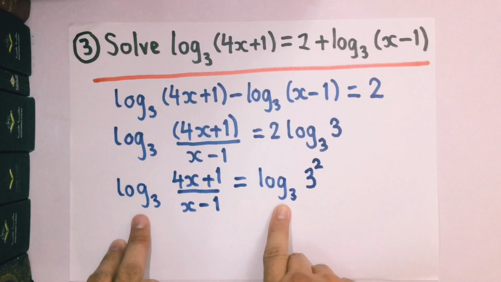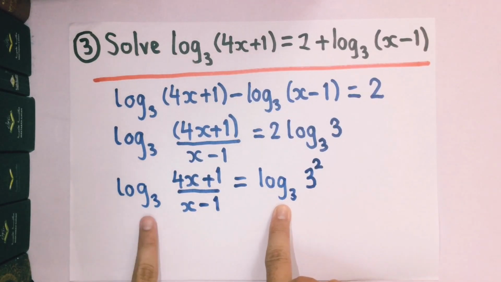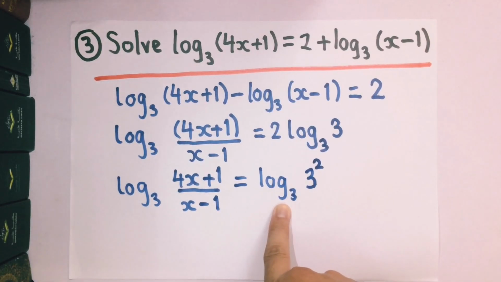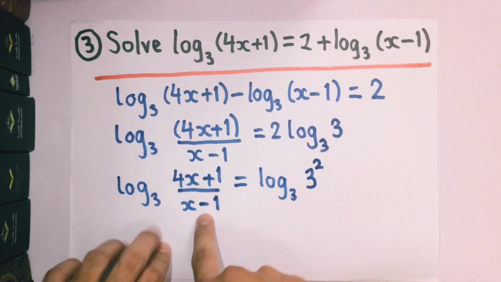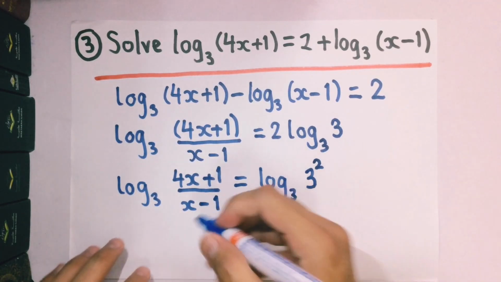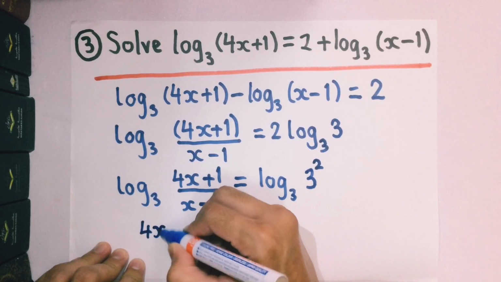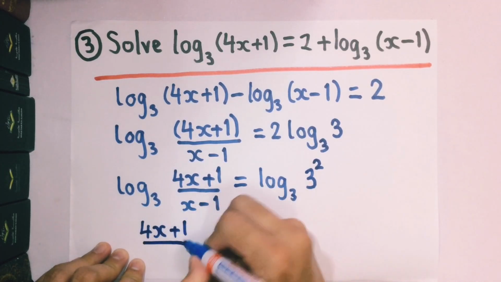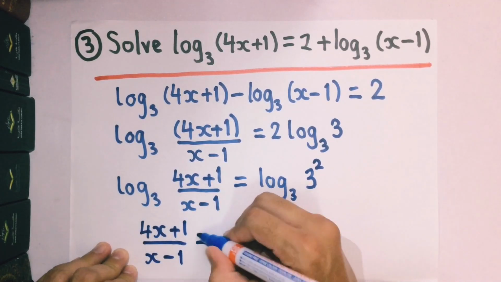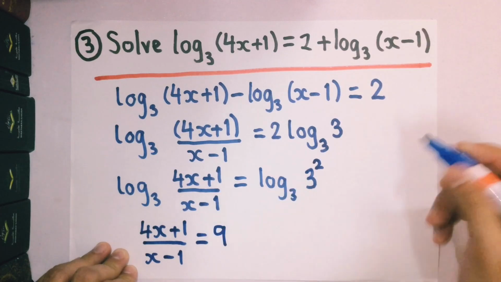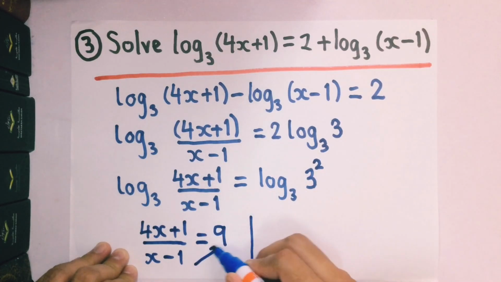Now you can see clearly that both sides have log 3 here and log 3 here. So what we will do is we're going to cancel off the log, so you only take the inside. So you have (x plus 1) over (x minus 1) equals 3 squared, which equals 9. So I'm going to continue here, I'm going to cross multiply.